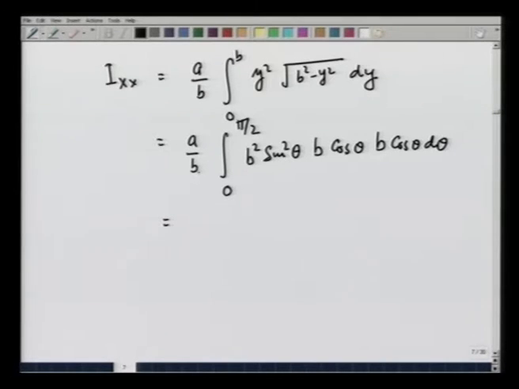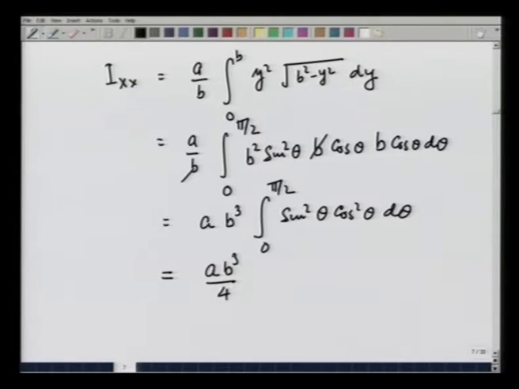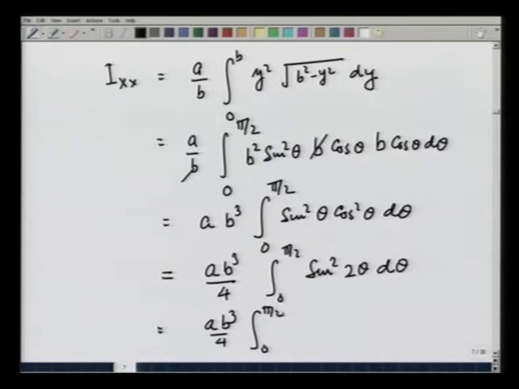This b cancels and I get a b cubed integral 0 to pi by 2 sine square theta cosine square theta d theta. This can be written as a b cubed divided by 4 integral 0 to pi by 2 sine square 2 theta d theta, which is a b cubed over 4 integral 0 to pi by 2 of (1 minus cosine 2 theta) over 2 d theta.